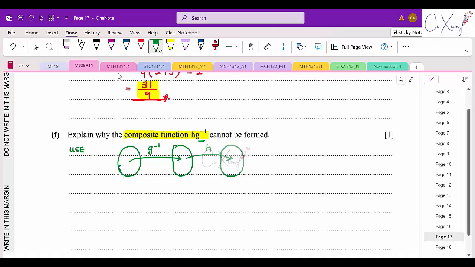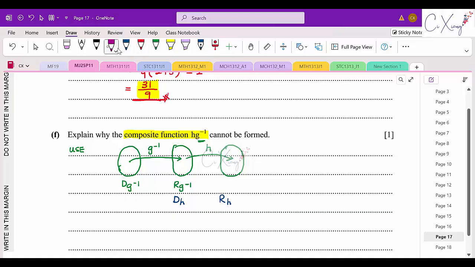In the first circle here, you can see that this is where G inverse starts. Therefore, we can label it as the domain of G inverse. This is the end of the G inverse function, so we can write it as the range of G inverse. Same thing here: for this particular set, you can see that it is the starting part of function h, so I can write it as the domain of h. And this last set here will be the range of function h.